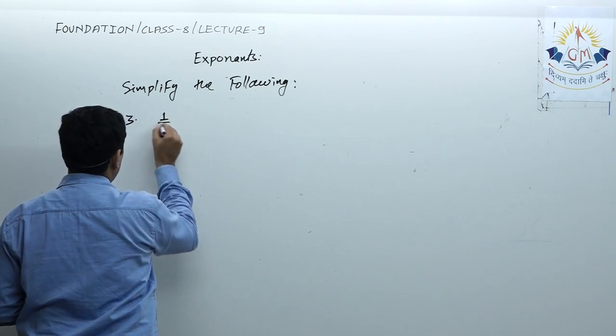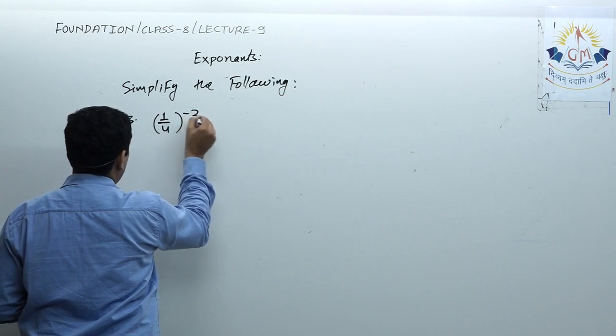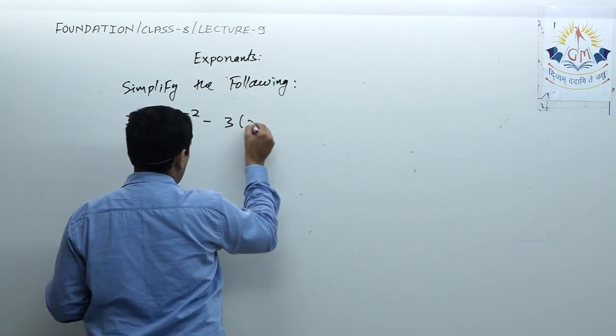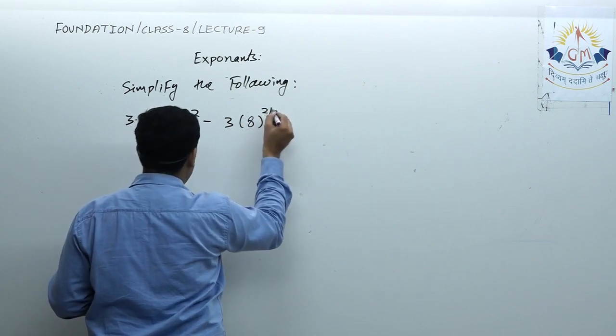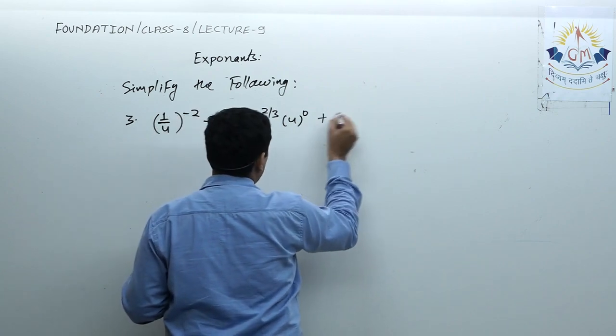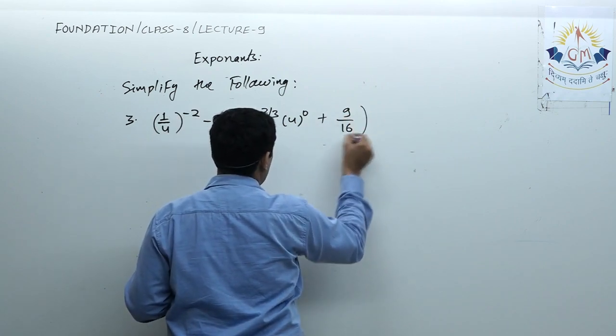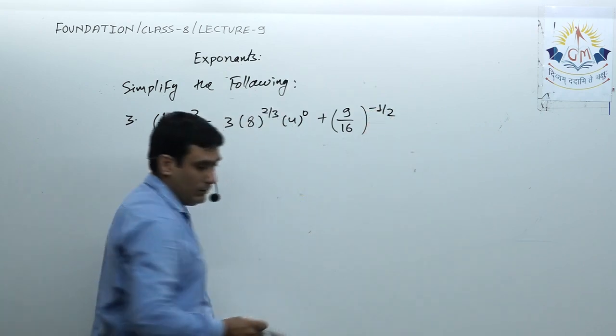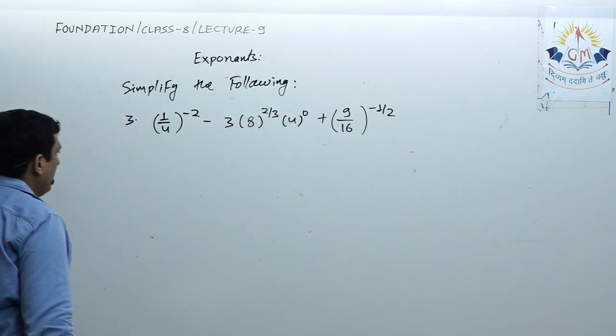1 upon 4 raised to minus 2 minus 3, 8 raised to 2 by 3, 4 raised to 0 plus 9 upon 16 raised to minus 1 by 2. Okay, again it's very easy.